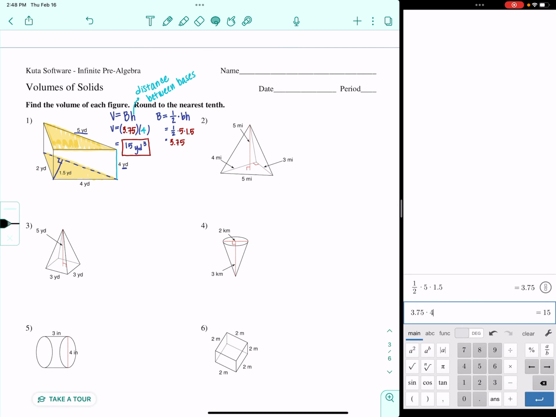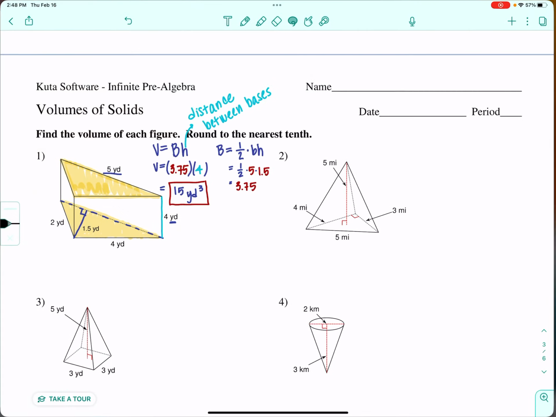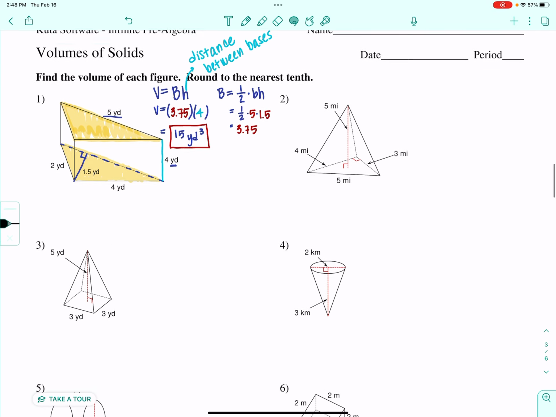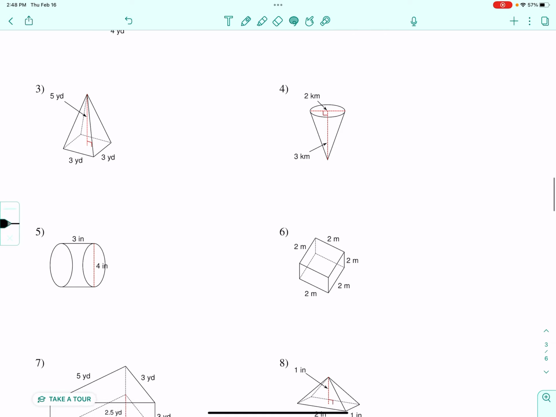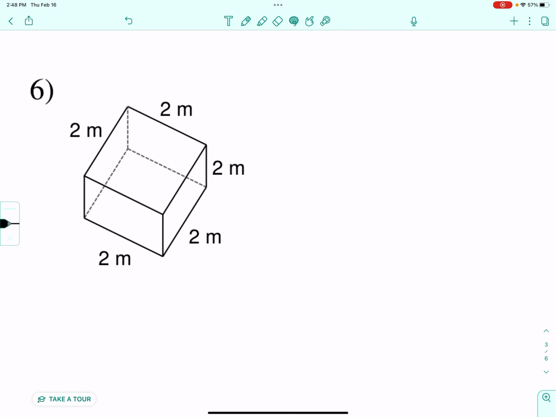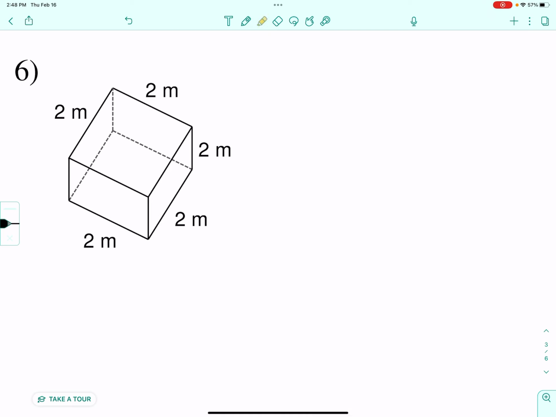So if I'm looking for prisms, remember we're looking for 2 flat bases. Here's one. I'm going to identify my pieces. I have what appears to be a square base here.